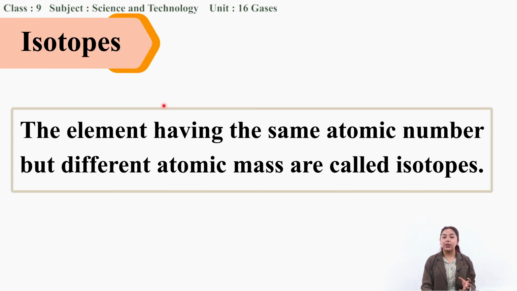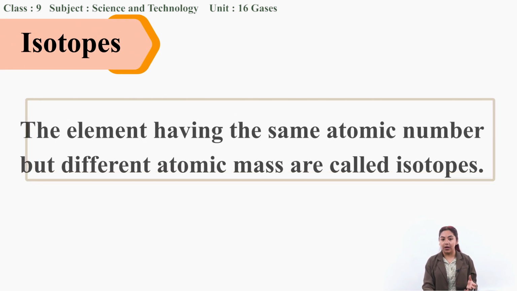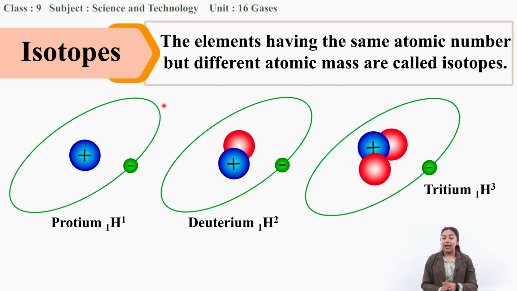And the final thing is that hydrogen has isotopes. Isotopes are those elements that have the same atomic number but different atomic mass. Now, hydrogen has 3 isotopes: protium, deuterium, and tritium. From here you can see that atomic number, as I mentioned earlier, is the number of protons present in the nucleus of the single atom of an element.